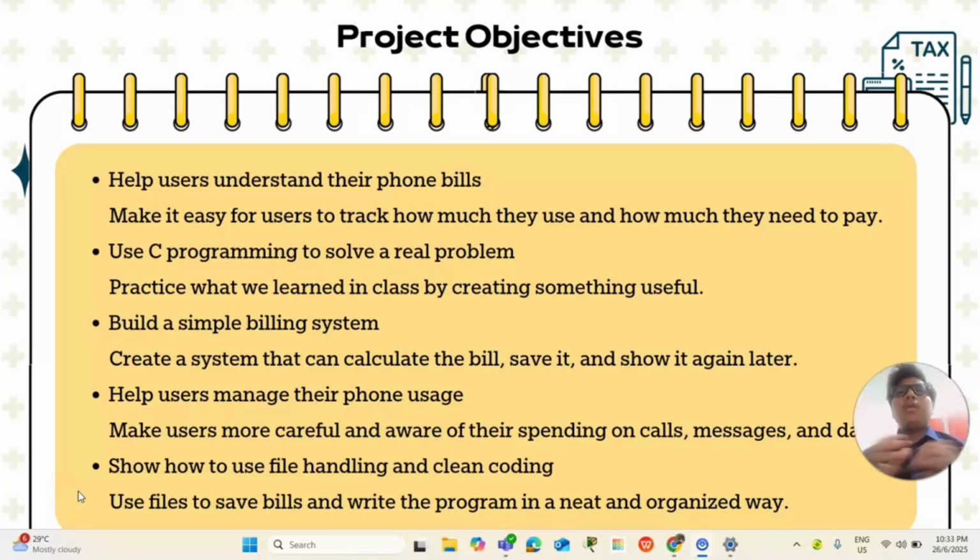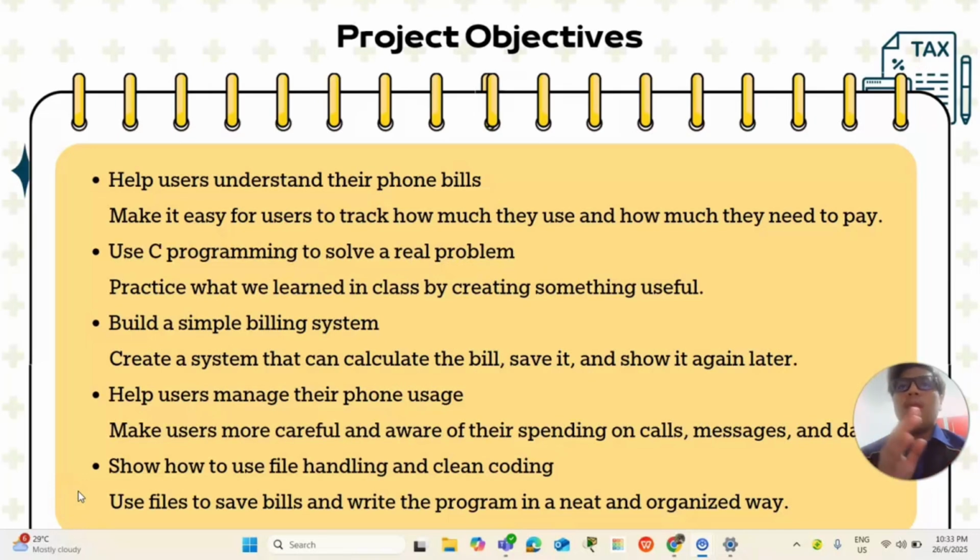Okay, the next point is our system can calculate the bill. For example, the user uses 10 calls, 5 SMS, and 20 GB data. So the total bill is the call plus SMS plus the total internet the user uses.